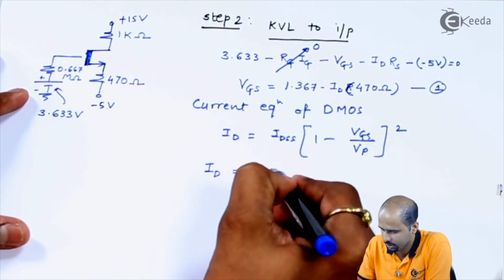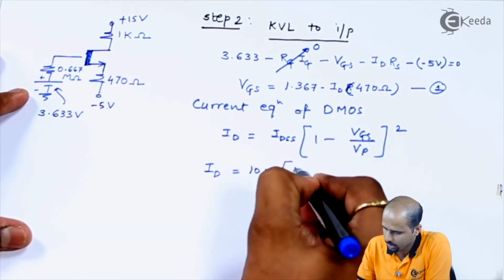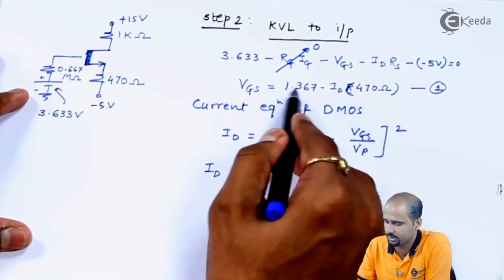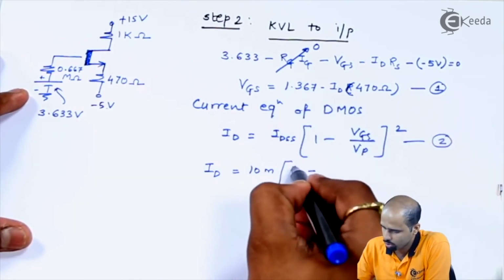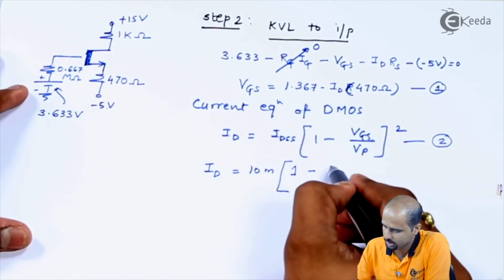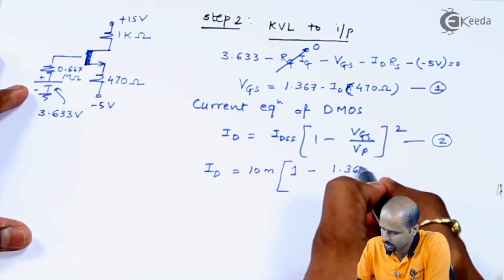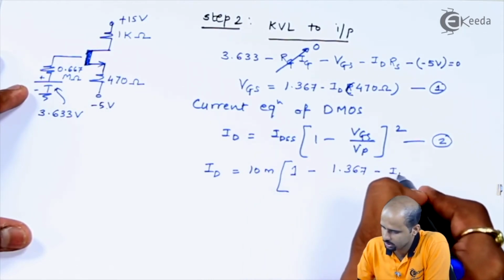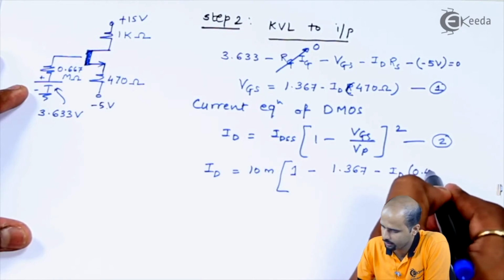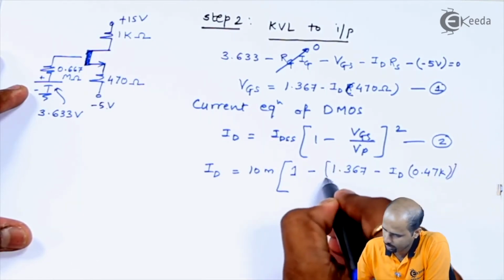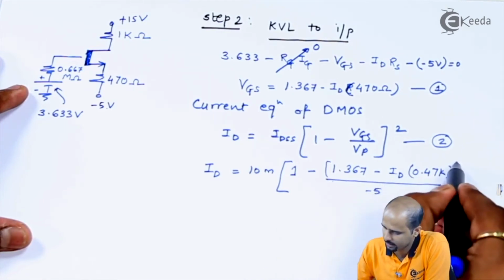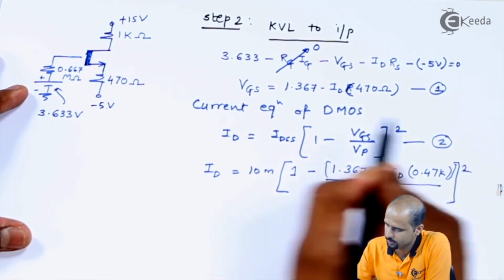IDSS 10 milli will write, and here we will be getting 1 minus VGS, that is the complete equation number 1 will have to write. This is equation number 2. So 1 minus 1.367 minus ID into, here we will write 0.47K, divided by minus 5 the whole square.